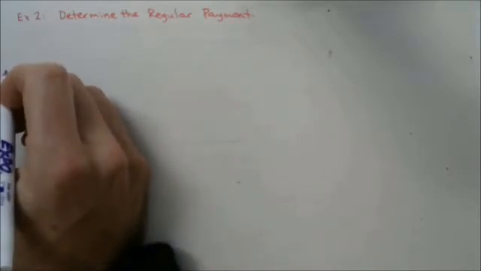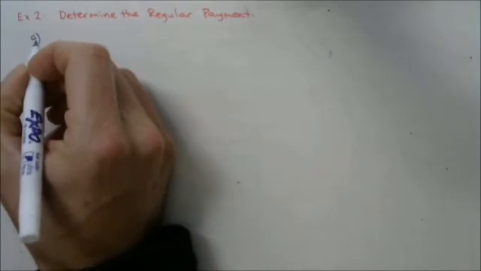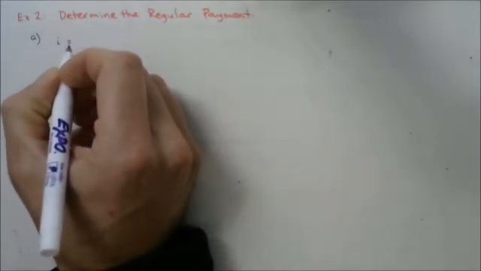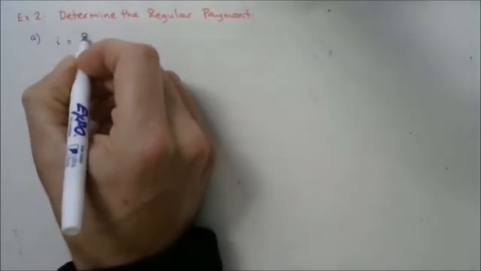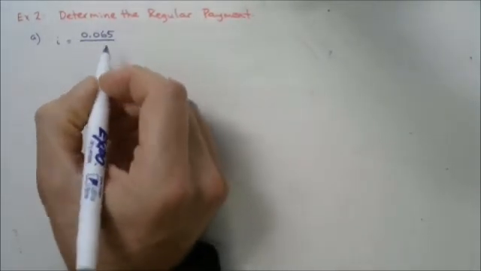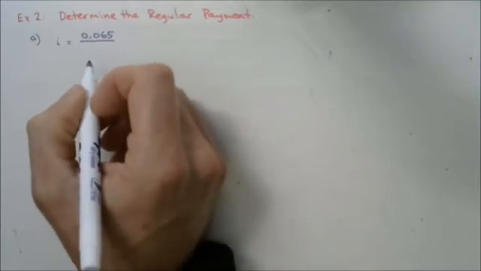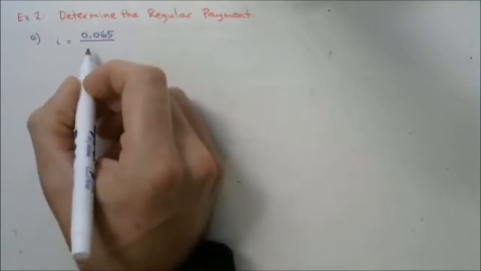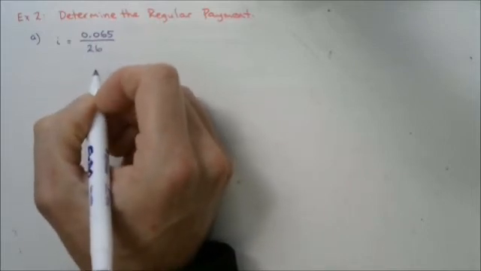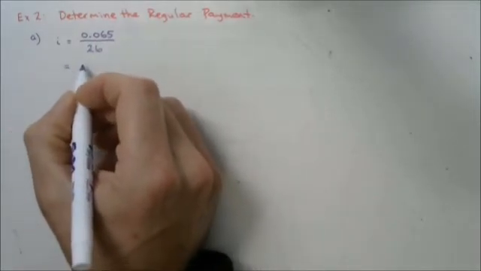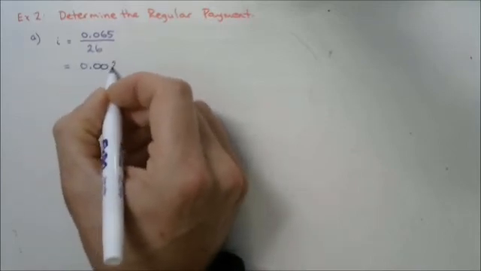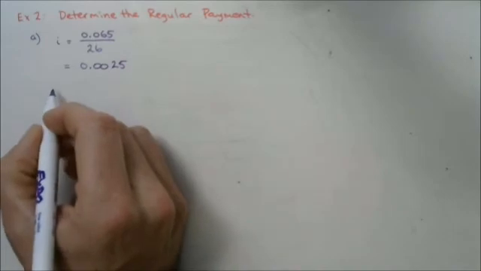So here we go. Let's get our information down. Let's figure out what I is. We know she's getting, as a decimal, 0.065. It's compounding bi-weekly. Bi-weekly means every other week, 52 weeks in a year, so it's going to compound 26 times, which gives us an interest rate per compounding period of 0.0025.